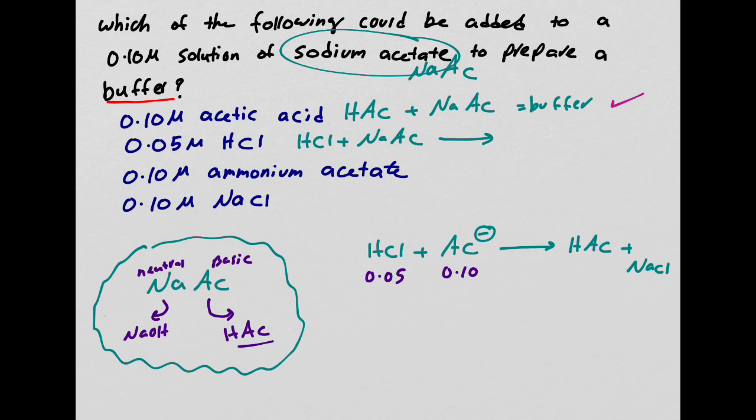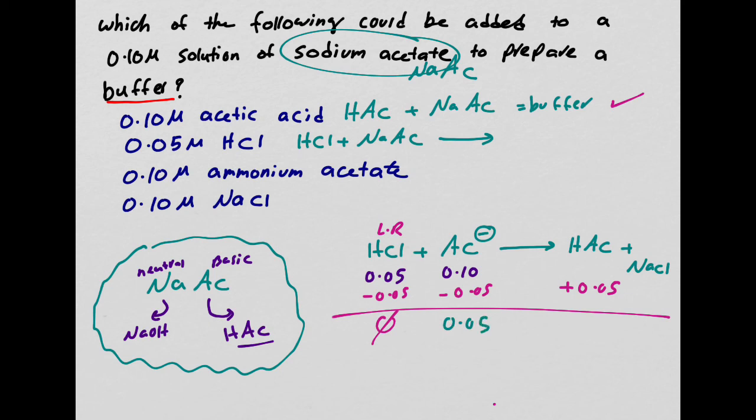What is going to be my limiting reagent? HCl is going to be my limiting reagent. So I'm going to have 0.05 minus 0.05 plus 0.05. None of that is going to be left over. What am I going to have somewhere left over? I'm going to have 0.05 of this and 0.05 of that left over.